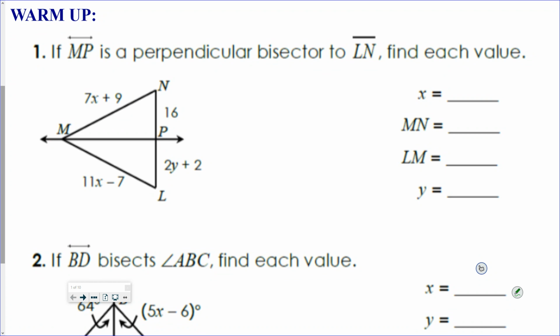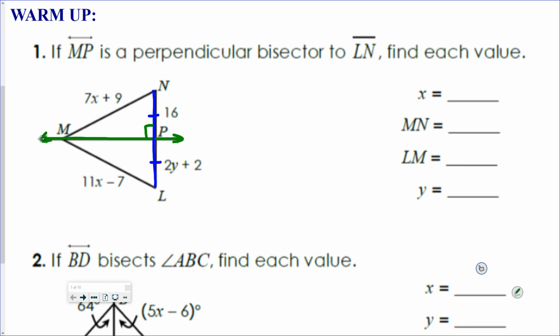It says, if line MP, I'm going to highlight that in green, is a perpendicular bisector to line segment LN, so that means two things. It means it's perpendicular, and it means it bisects it, which means it crosses at what point?